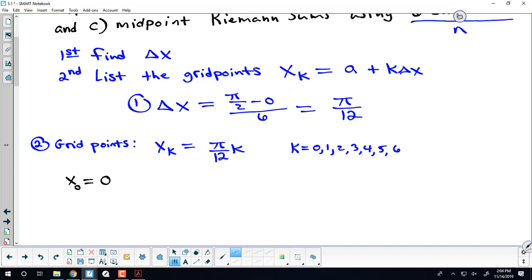X sub 0 is 0, x sub 1 is pi over 12 times 1. X sub 2 is pi over 12 times 2, so we have 2 pi over 12 or pi over 6.